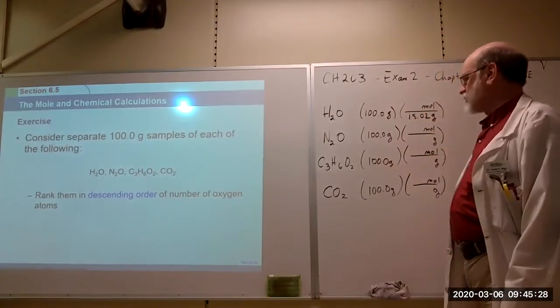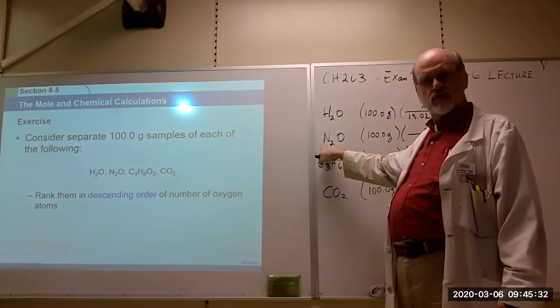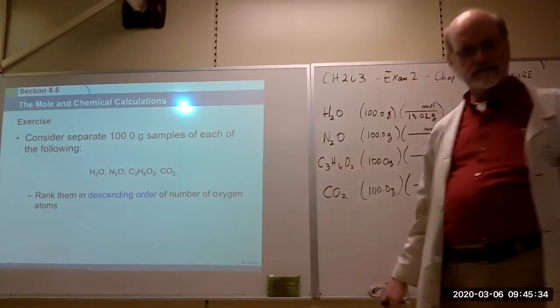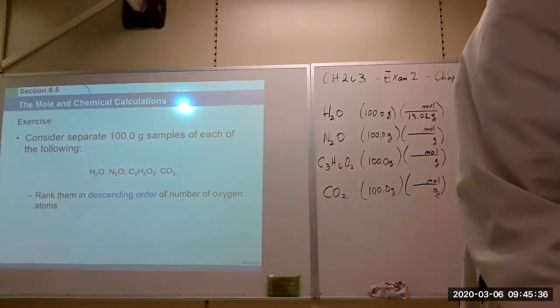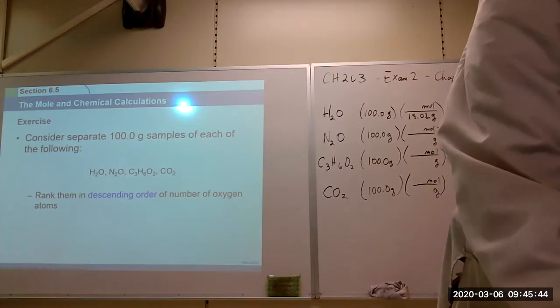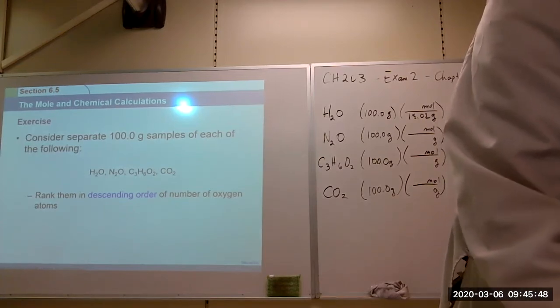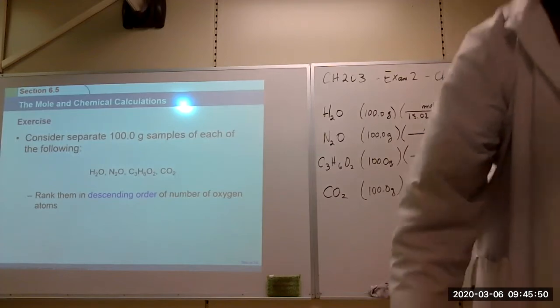How about dinitrogen monoxide? Nitrogen is 14.01, so that's 28.02 plus 16 for oxygen. So that's 44.02.